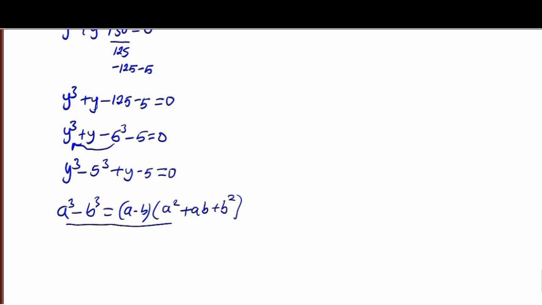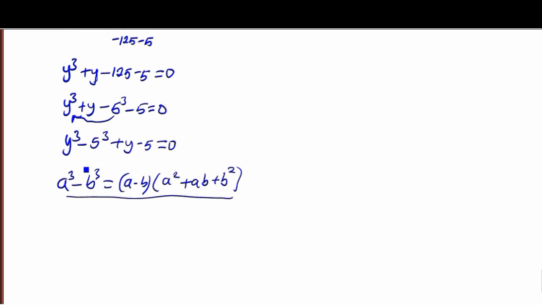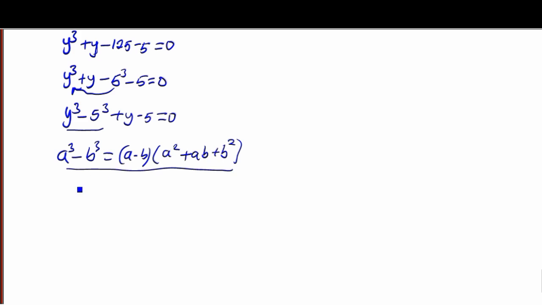So we are going to use this principle here to rewrite y cubed minus 5 cubed. So what we shall have here is y minus 5 into y squared plus 5y plus 5 squared, and then plus y minus 5 is equal to 0.